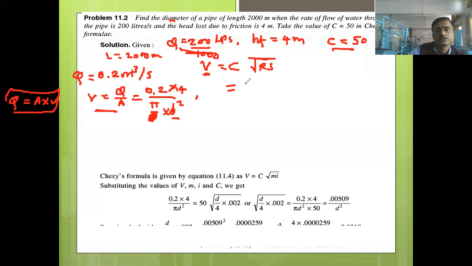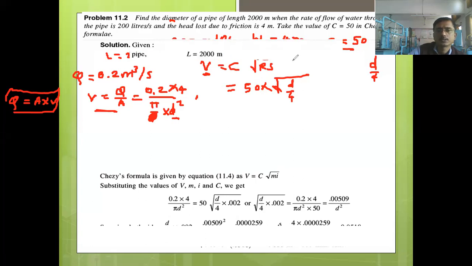नेक्स्ट C किती दिलेलं आहे, 50 इंटू R. R पण आपल्याला दिलेलं नाहीये. R is nothing but it is d/4, so here you can write d/4, right? And then S, how much S is given? स्लोप प्रॉब्लेम मध्ये दिलेलं नाहीये, पण HF दिलेलं आहे. What is S? कोण सांगेल S काय आहे?